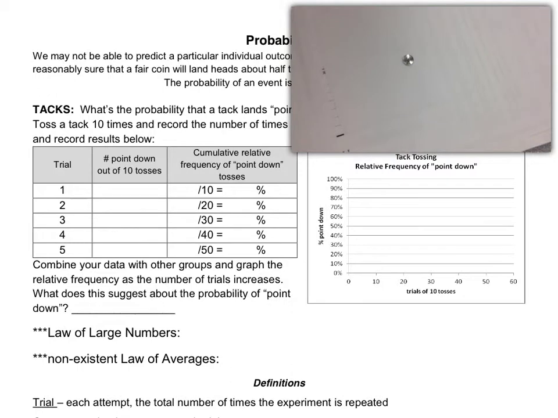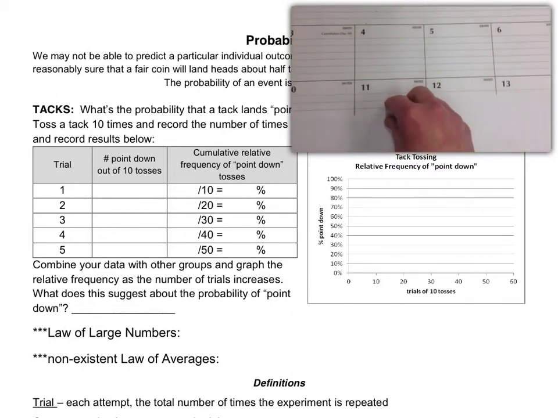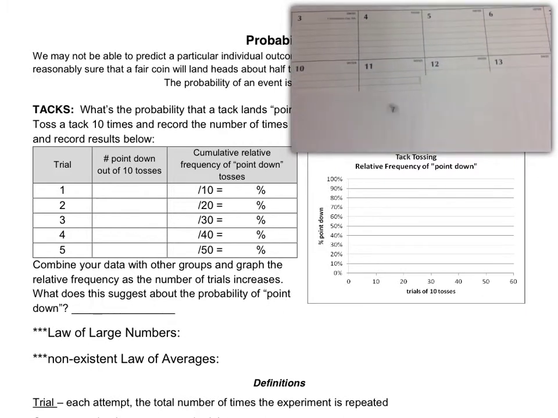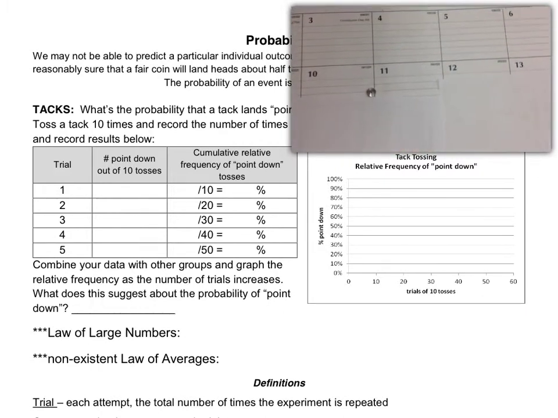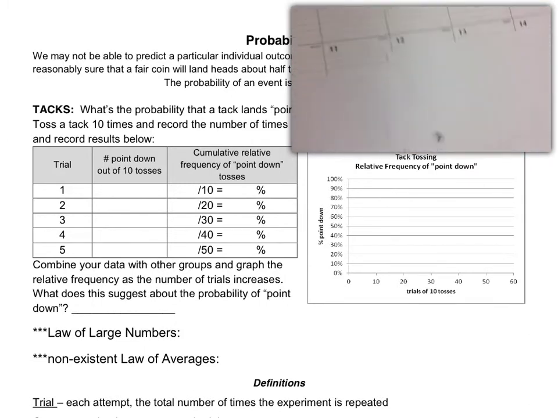Here comes toss 6. Nope. Toss 7. Yes, so that's 2 out of 7. Toss 8. Yes, that's 3 out of 8. Nope. 3 out of 9. And our last one, 4 out of 10.